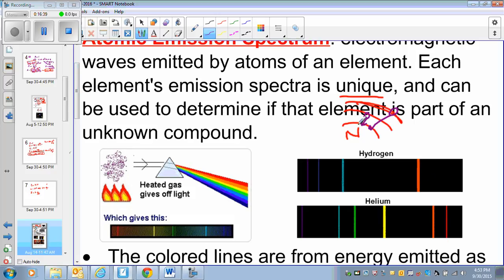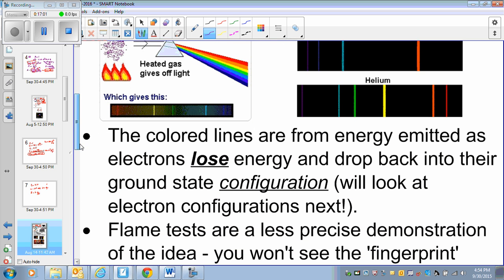So what happens is that I take this element and put it on the heat, and that heat gives it energy. The electron will gain the energy to jump up to a higher energy level, but since it doesn't belong to this level, it will jump back down, and when it jumps back down, it gives out the energy, and that energy comes out in the form of the atomic emission spectrum, or the line spectrum.